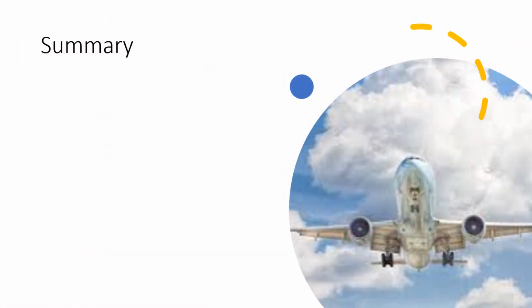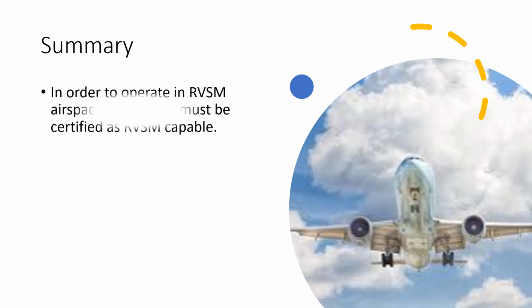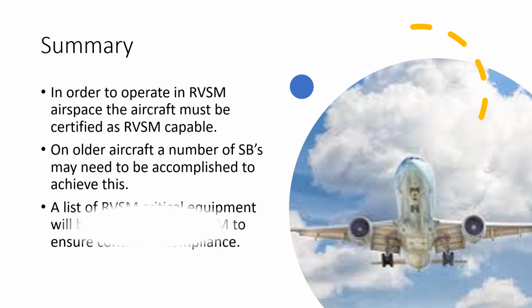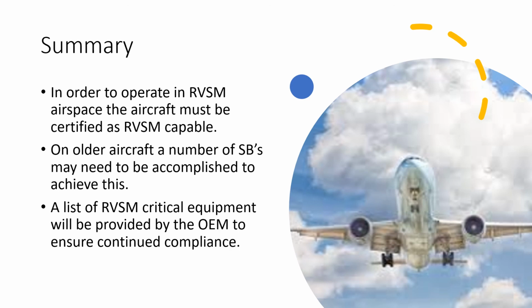So to summarise then, in order to operate in RVSM airspace, the aircraft itself must be certified as RVSM capable. On older aircraft, a number of service bulletins may need to be accomplished in order to achieve this. The OEM will then provide you with a list of critical equipment to ensure continued compliance.